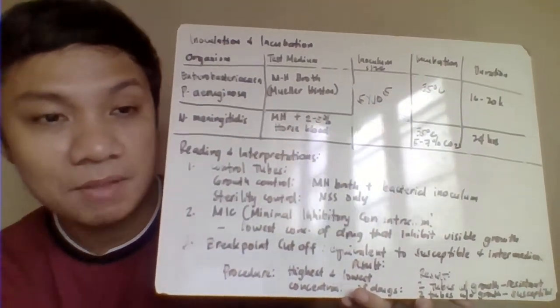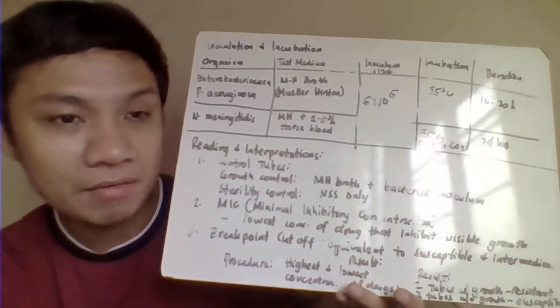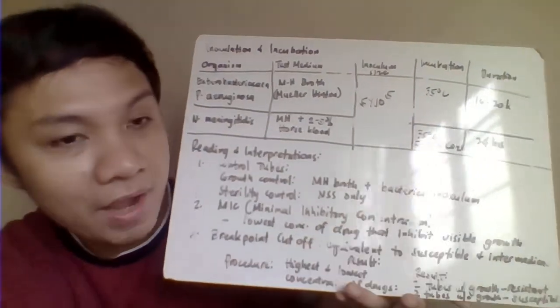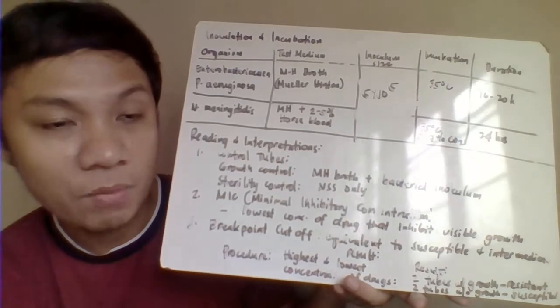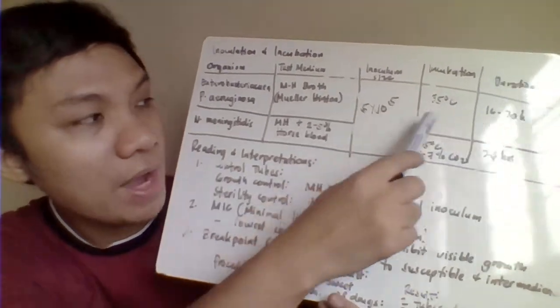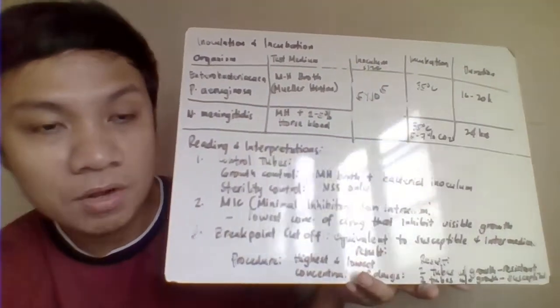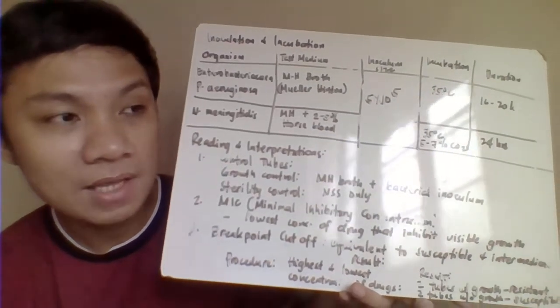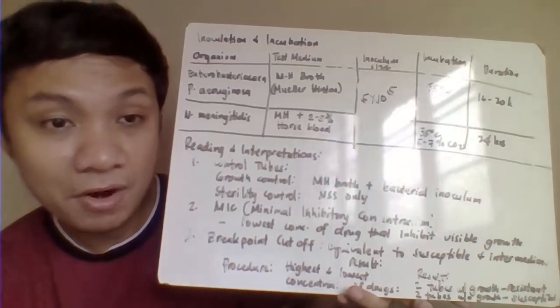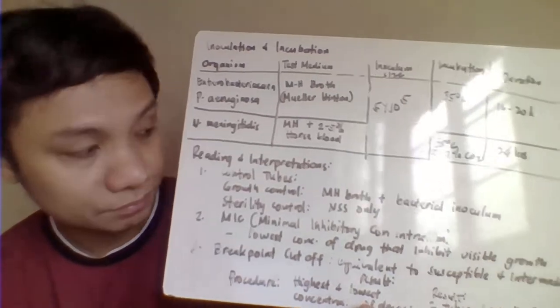Your capnophile, di ba? They are needing 5 to 10% of carbon dioxide. So, you need to provide that one, 5 to 7% na kanyang requirement. Incubate for 24 hours. Since this one is your broth dilution, our standardized inoculum is 5 times 10 to the 5 colony forming unit per ml.